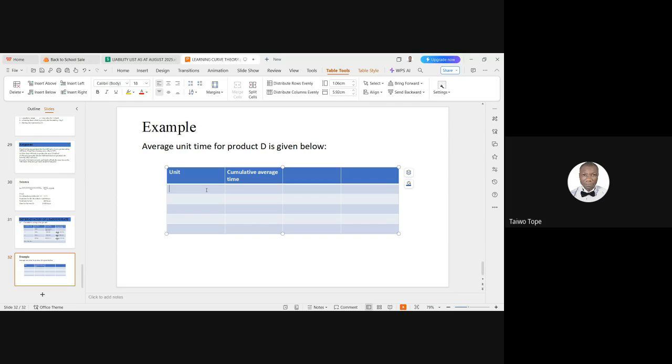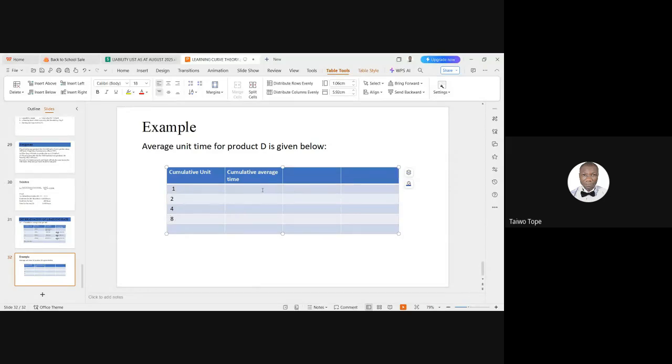In relation to the units, cumulative units, we have 1, 2, 4, and 8.